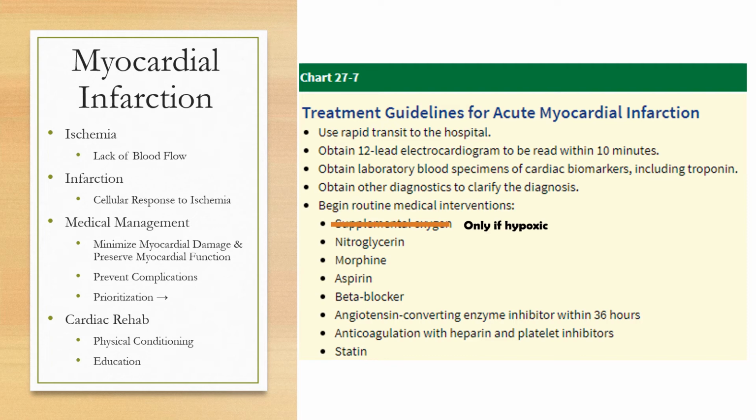We want to prevent complications of the myocardial infarction, such as heart failure, where so much of the muscle has died that the person ends up with congestive heart failure, or they can get dangerous rhythms from a heart attack because it's irritating the nerves in the heart, and the nerves go into these wild rhythms.